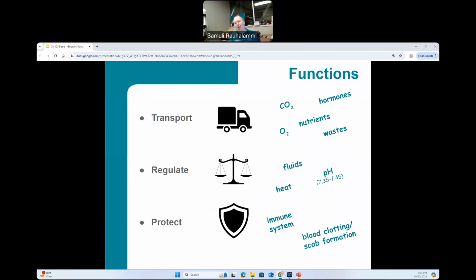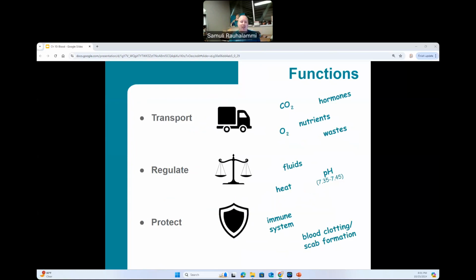In addition, blood helps us regulate through temperature regulation. To get rid of heat, we often carry blood to the surfaces. And when we have to minimize temperature loss, we retain the blood at the vital organs. Another place we see the regulatory role of the blood is in our pH control. pH must be kept at a constant value in the body, and blood plays an important role in this as well.